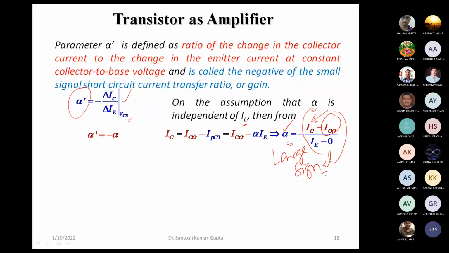Whereas alpha dash is related to the change in the collector current and the change in the emitter current, so it is the small signal current gain.